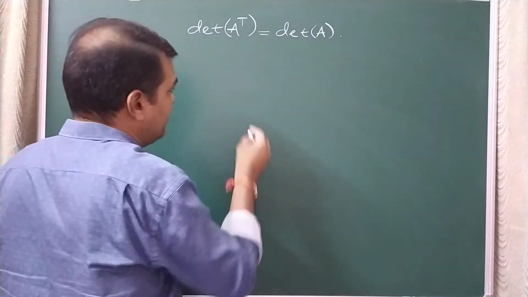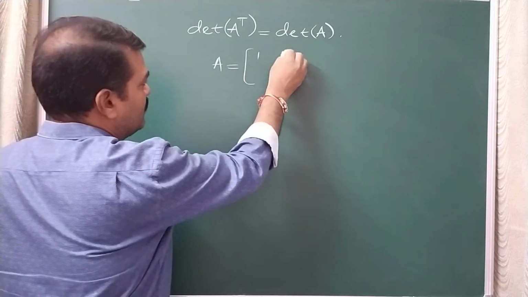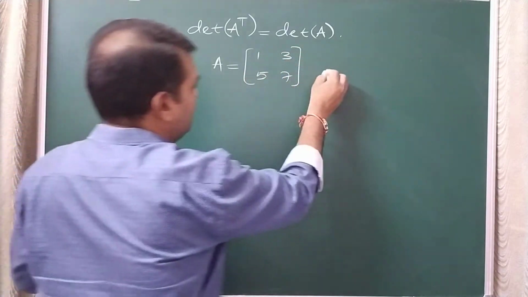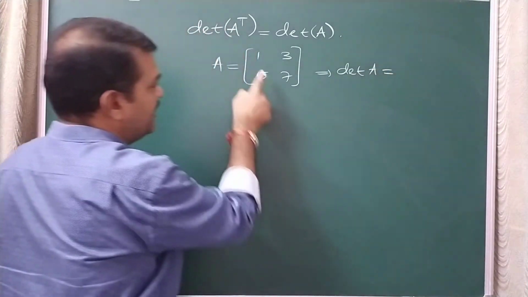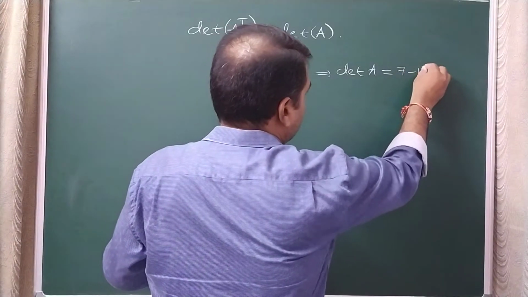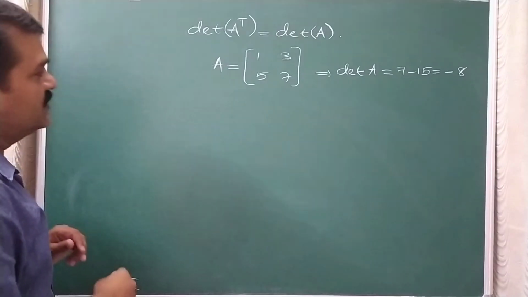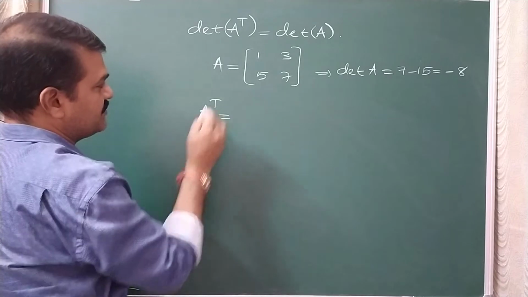I will show you a simple example. I will take 1, 3, 5, 7. Then what is det A? Det A is 7 minus 15, so that is nothing but minus 8. This is det A. Now I will take A transpose.